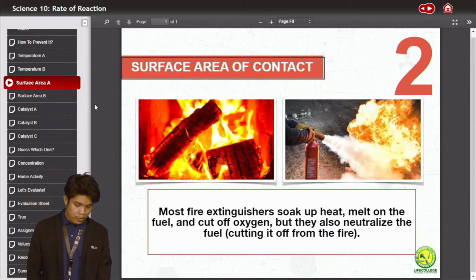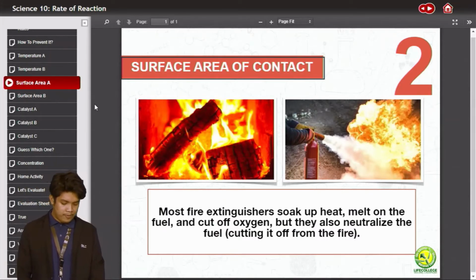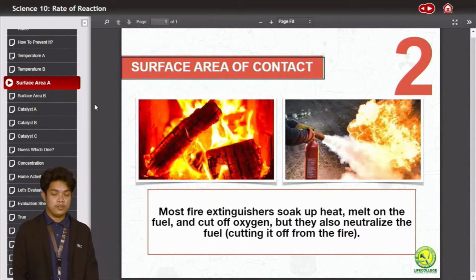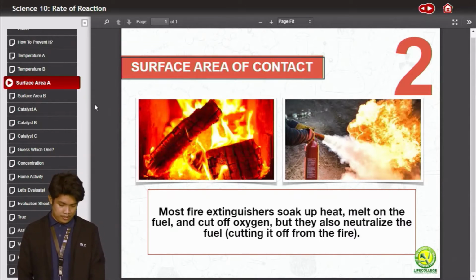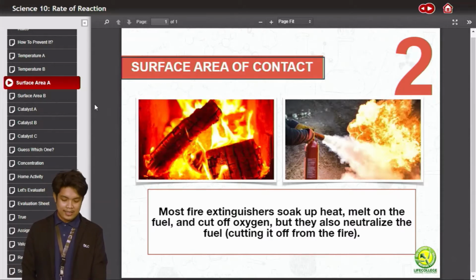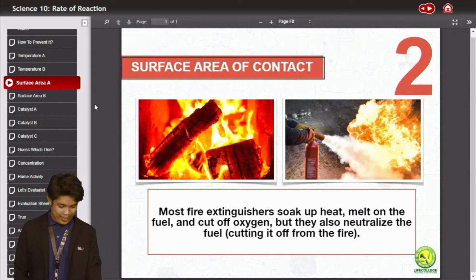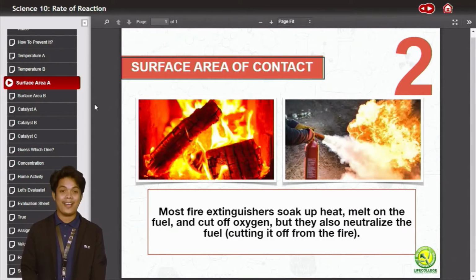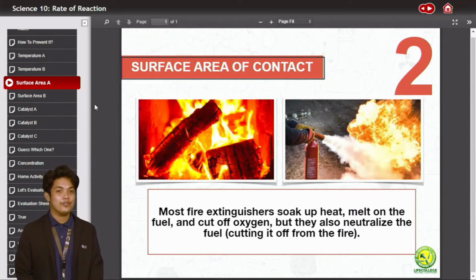So, what could be one of the ways to stop the combustion? You can answer right now in our forum. K said by limiting or hindering the contact between oxygen and fuel. So excellent. That's what fire extinguishers do.